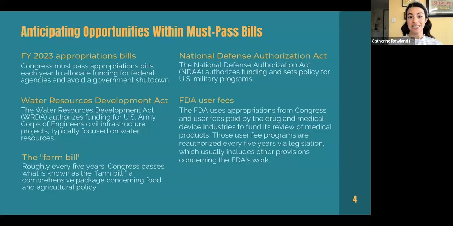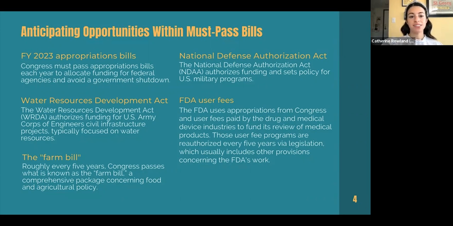Outside of those more predictable bills, there are a couple of ways to forecast what's coming up. First, you can look at the funding authorizations that are expiring in the year ahead to anticipate which spending authorities Congress might need to renew. The Congressional Budget Office, or CBO, publishes that list annually, but Congress isn't necessarily going to act to extend every authority set to expire.